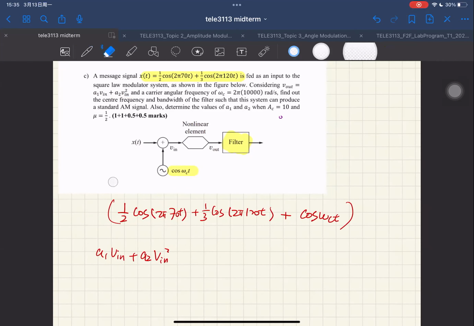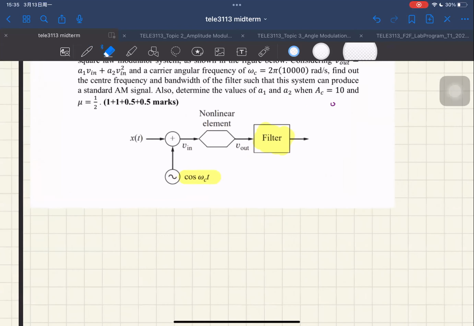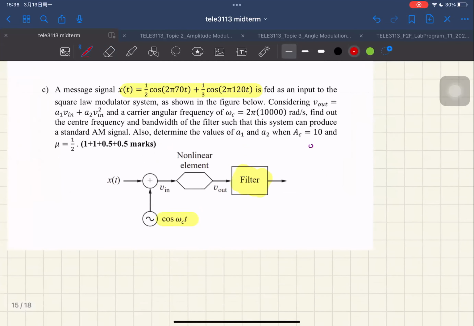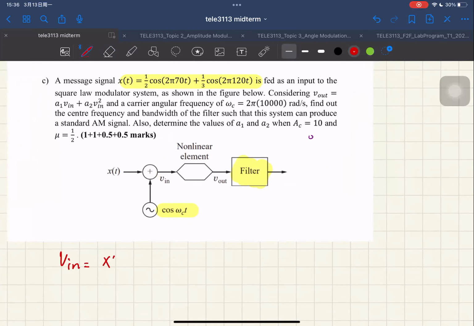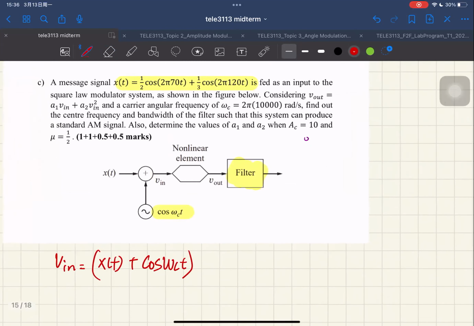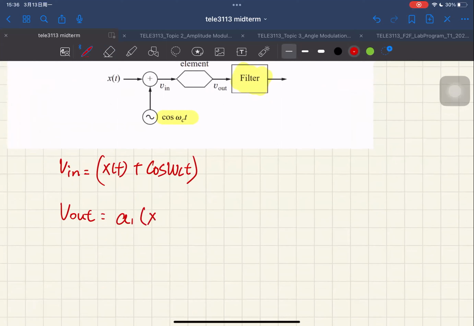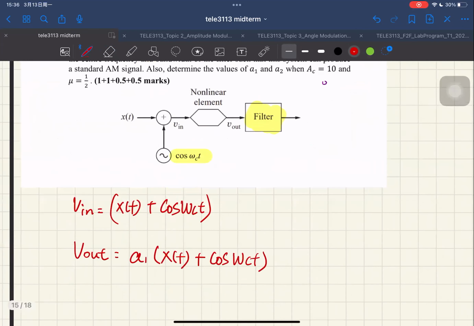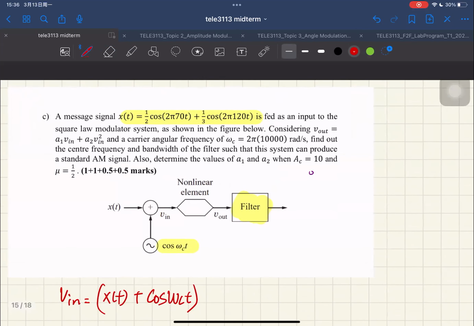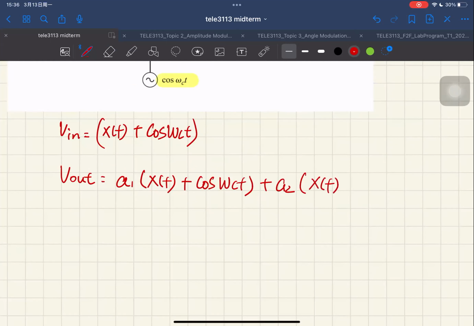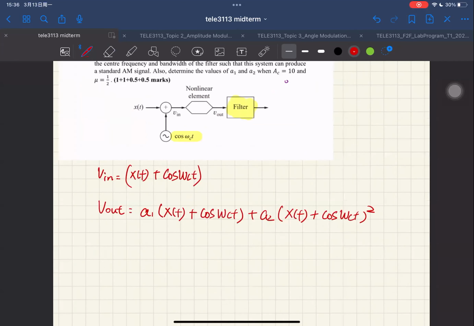You don't have to express x(t) in its real form. You can just write it simply as x(t). So your V input in this case would just be x(t) plus cos omega_c t, and your V output will be A1 times (x(t) plus cos omega_c t) plus A2 times (x(t) plus cos omega_c t) squared.